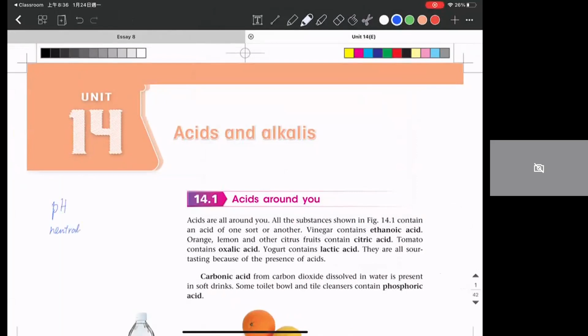What else do you know about acids and alkalis? Universal indicator. Corrosive, irritant. Yeah, corrosive or irritant. I see the word universal indicator.